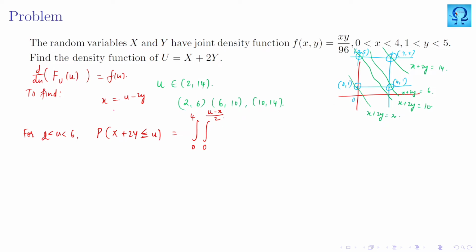So y has to be written in terms of u, that is u minus x upon 2. Whatever you have, you just have to integrate and you will get some value.